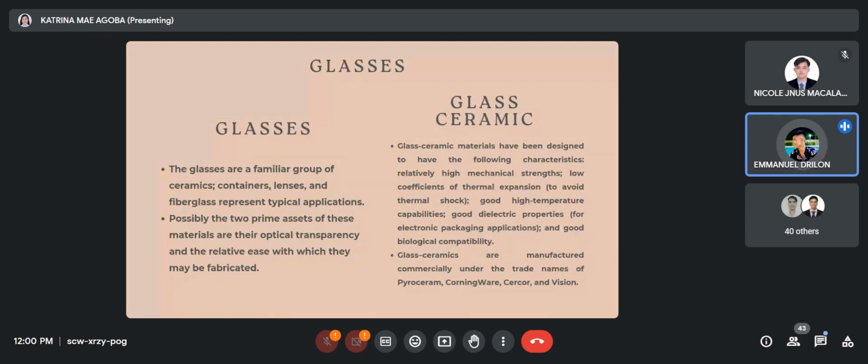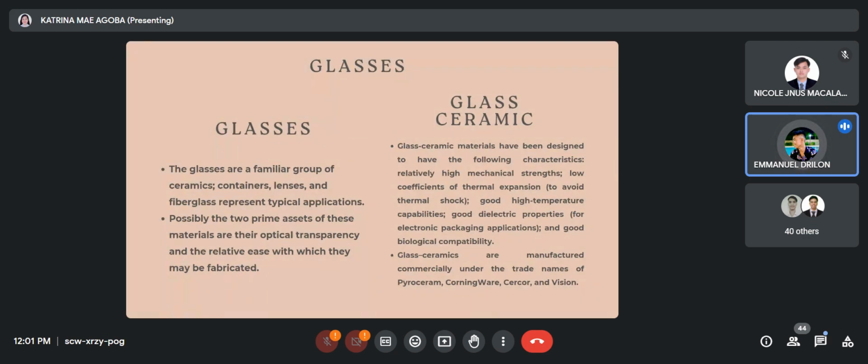Corningware, Cercor, and Vision. So dito sa glasses, tulad nga ng sinabi sa mga ceramics dati, kailangan siya ng high temperature. 'Di ba ang glasses alam naman natin gawa siya sa sand. Kung yung napanood ko na anime na Dr. Stone, yung sand nagagawa siyang glasses through sa furnace na may mataas na heat. So, ang isa pang maganda sa glasses tulad dito is yung transparent siya.